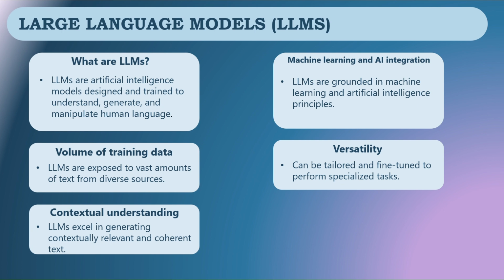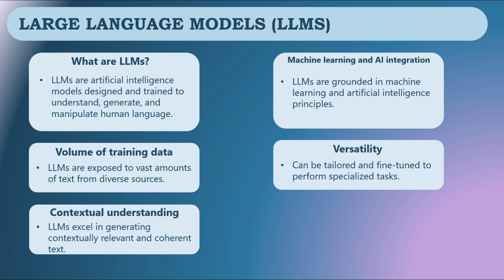These models are ingrained with the capability to handle a broad range of tasks involving text, all thanks to the extensive amount of text data that they are trained on. LLMs are also exposed to vast amount of text from diverse data sources. So this exposure equips them with a broad understanding of language, context, and intricacies involved in various forms of communication.